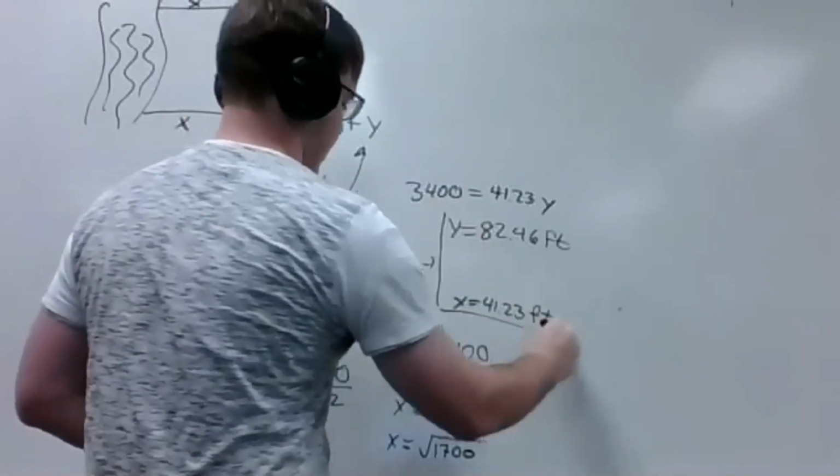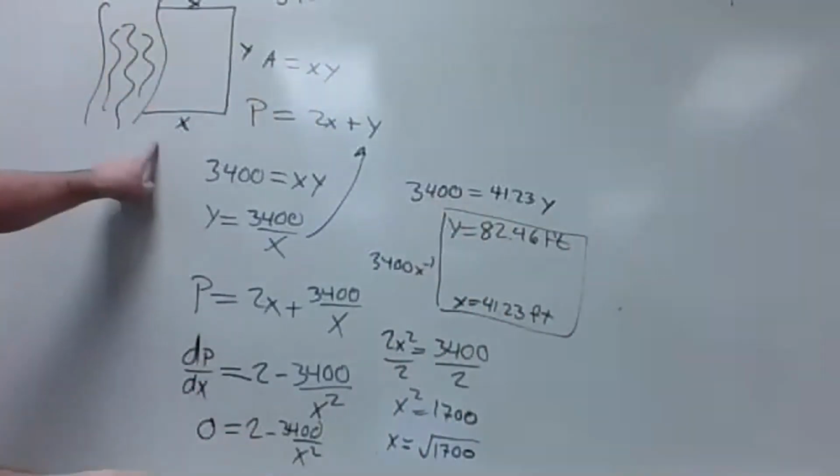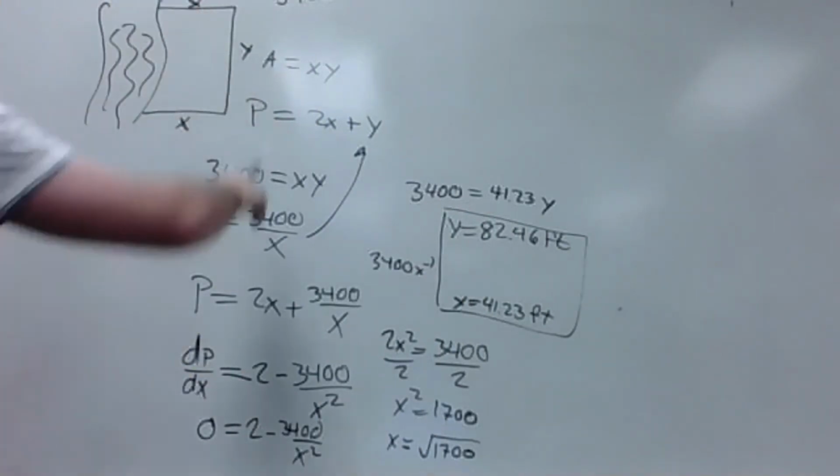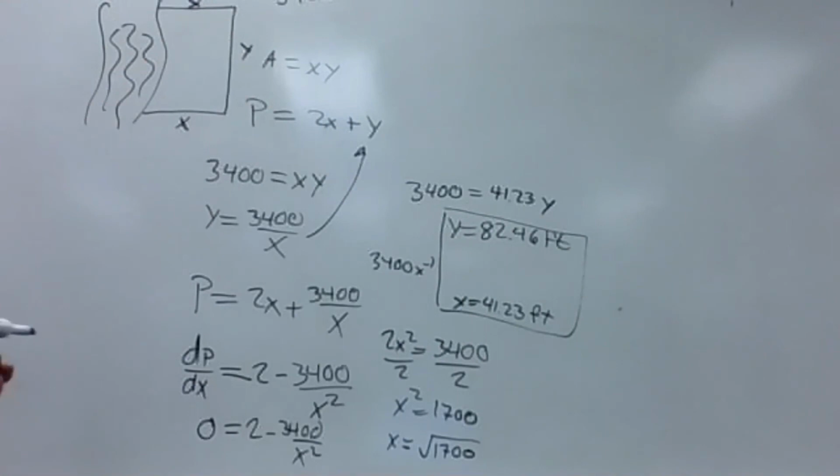So, and then this would be our answer about the dimensions, or how big our fence should be, to keep the same area but minimize the amount of fence we need to use.